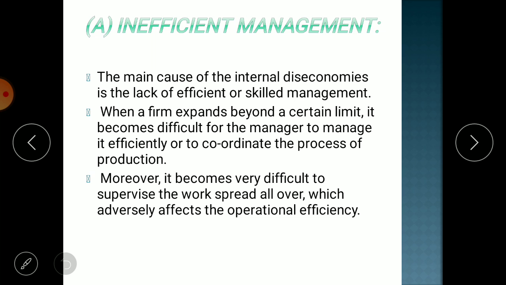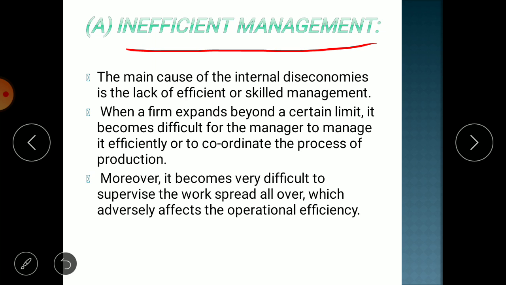What is the conclusion? What is the crux of this discussion? That the owner turns out to be an inefficient manager, and because of his incapability of handling the affairs of the business, because of his incapacity of coordination of the business activities, his business goes into losses.